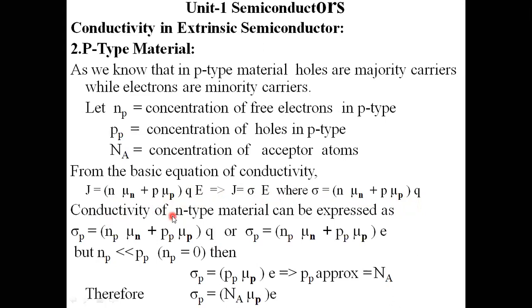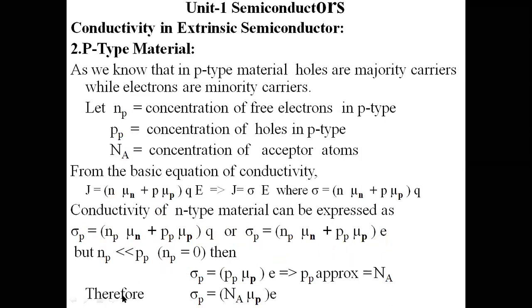The conductivity of p-type material can be expressed as sigma p is equal to (Np mu n plus Pp mu p) into q, or I am representing this q with small e. Therefore, the conductivity in p-type semiconductor material can be given as (Np mu n plus Pp mu p) into small e.